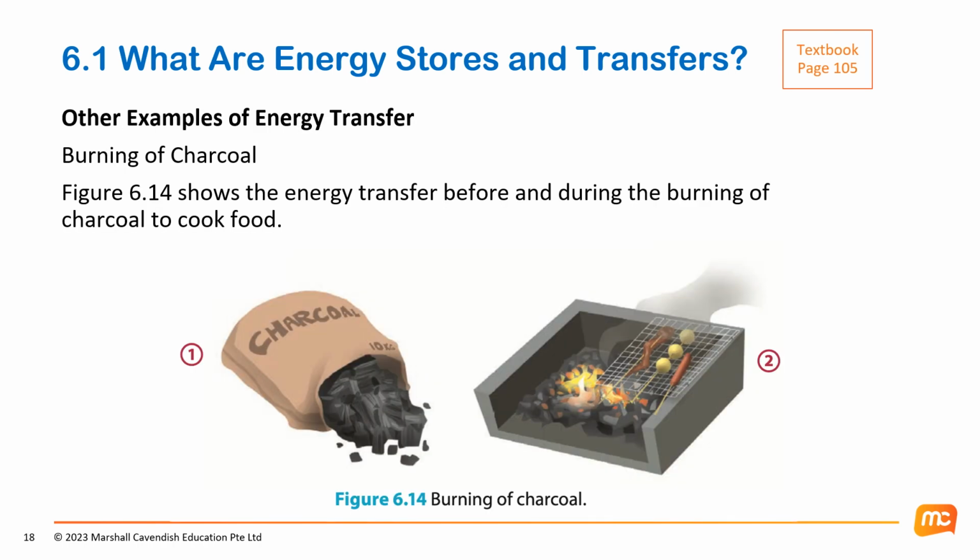Some other energy transfers: burning of charcoal. When you are burning the charcoal, there is energy transfer by heating, and also by electromagnetic radiation, because it gives off some infrared radiation.